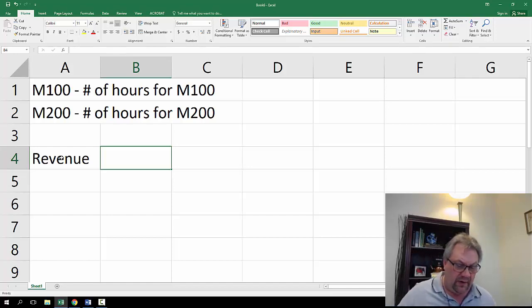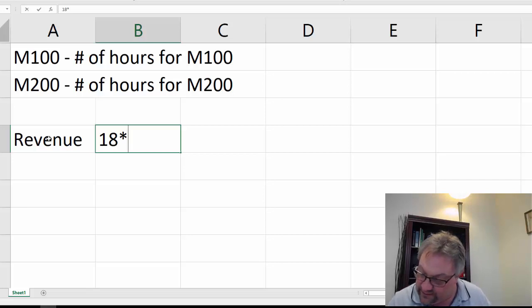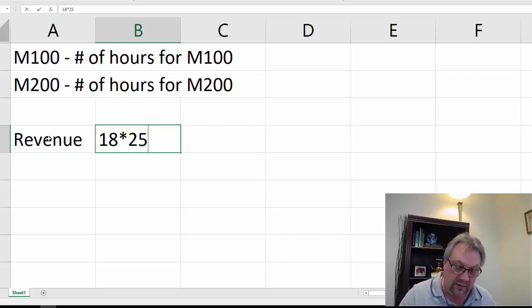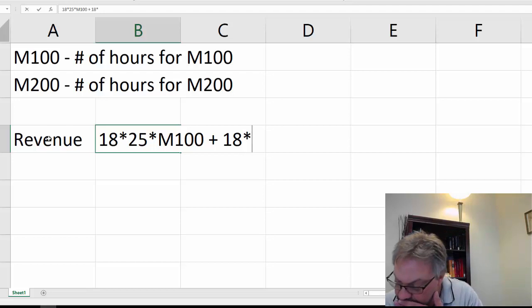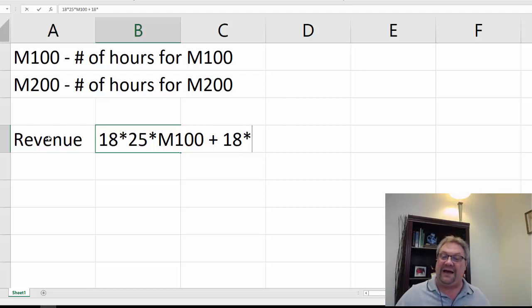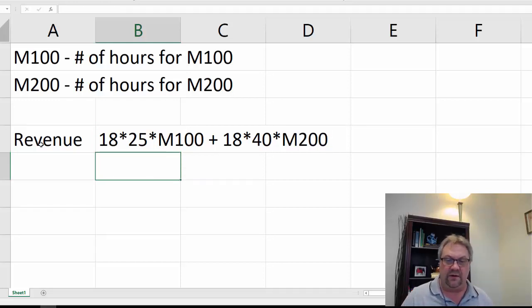So for the M100, I could earn $18 per case times 25 cases per hour times the number of hours that I run the M100. And then plus $18 for the other one, but the M200 has a capacity of 40 cases per hour, so 40 times the number of hours that I run that machine, and there you go.